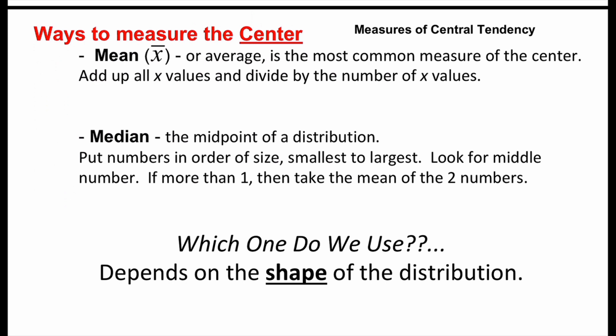So in Fresno, most of the houses are around here. Now there are some that go for more and some that go for less, but not a lot. Let me draw a number line to better explain this.